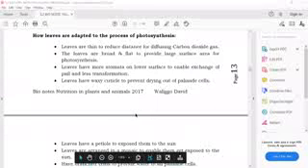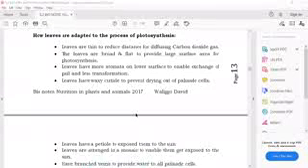Then leaves have more stomata on the lower surface to enable exchange of gases and less transpiration.